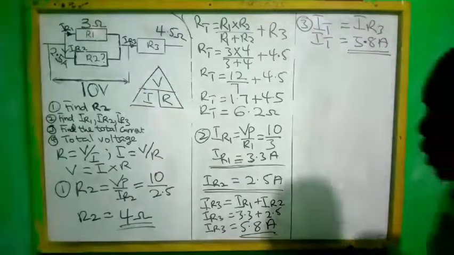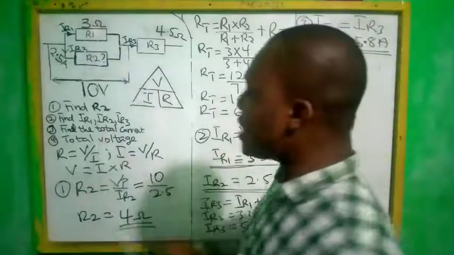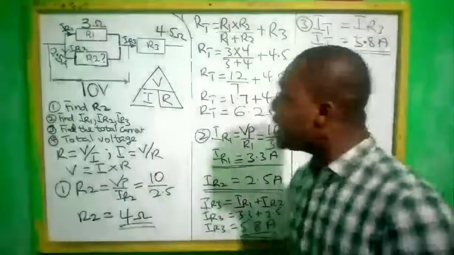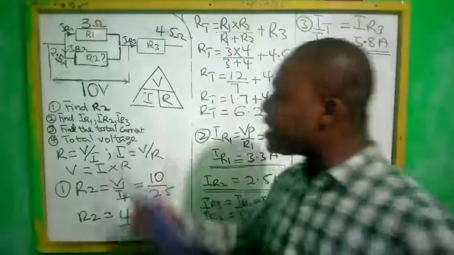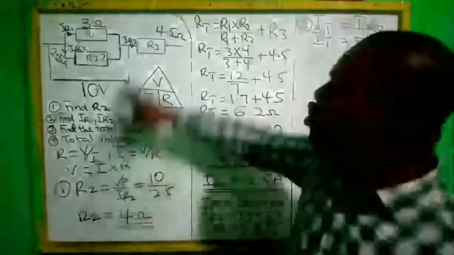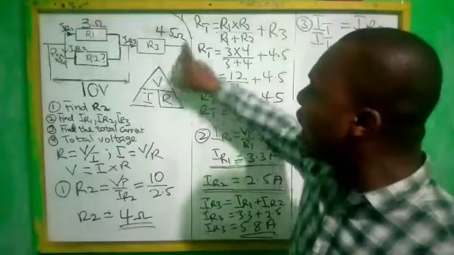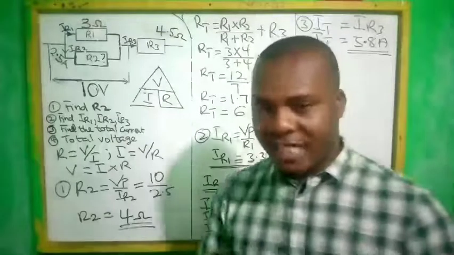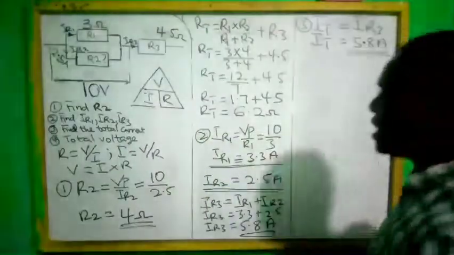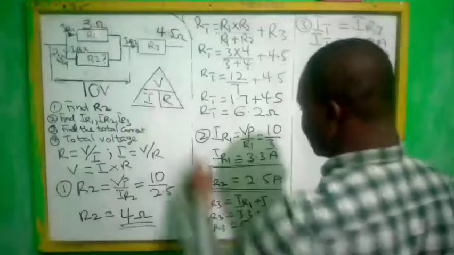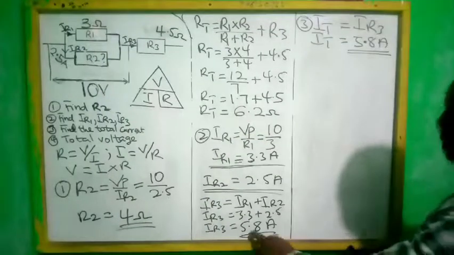All right. So they asked us to find the total voltage. Now, to find the total voltage, we must know the voltage across this series resistor. And how do we do it? Let's look for current in R3, which is 5.8.